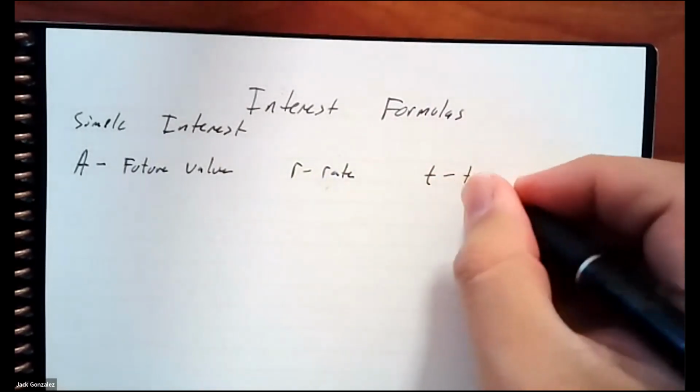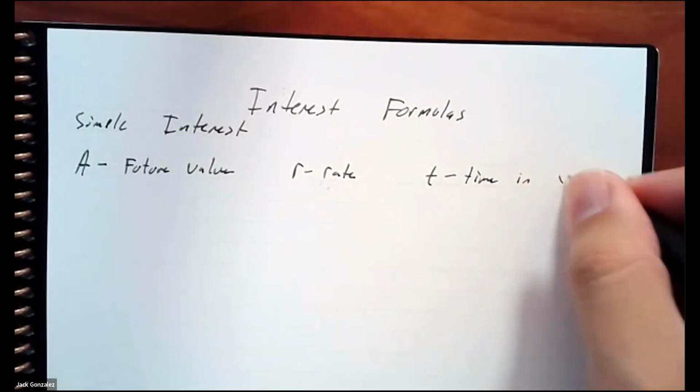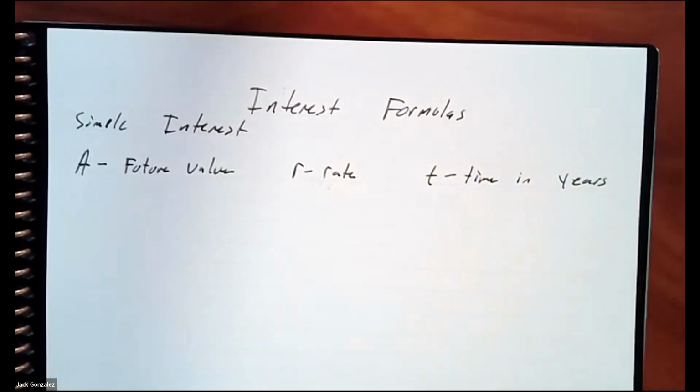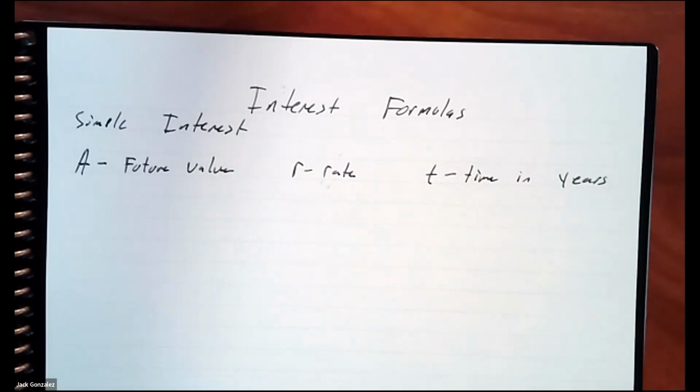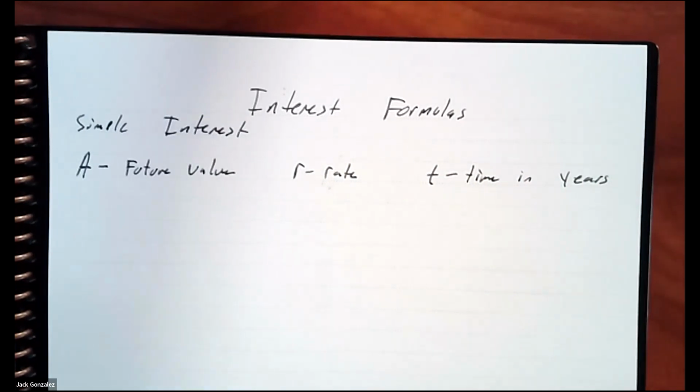T will be time. It's always in years. So if the question does not give you years, you need to convert to years. For example, if you're given 6 months, you would say half a year. Okay, you wouldn't plug in 6. Does that make sense?